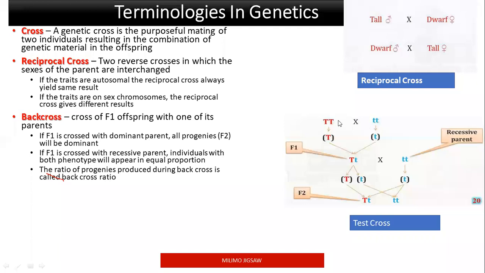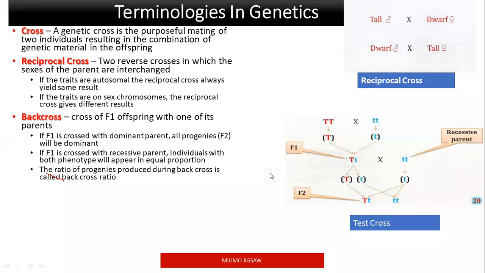dominant. Remember, the dominant allele is going to express itself whether in the presence of a recessive allele or, of course, in the presence of its same allele. So if the F1 generation is crossed with a dominant parent, the F2 generation will be dominant as well. If F1 is crossed with the recessive parent, the individuals with both phenotypes are going to appear in equal proportion.